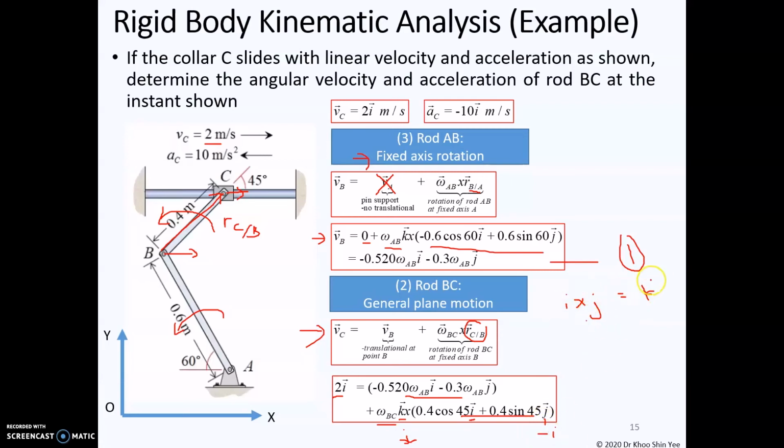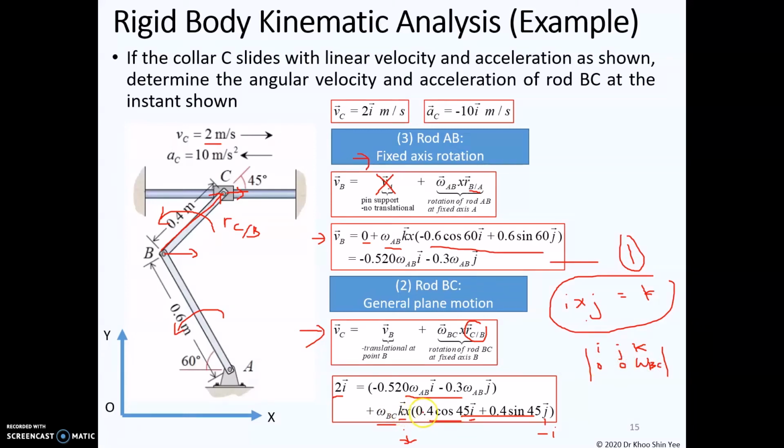If you don't know this trick, which is the cyclic rule, to compute this, then you use the determinant method by substituting the ijk inside, and then you have the omega BC in the k direction. So you put the omega BC here, and you have 0 value in the i and j direction.